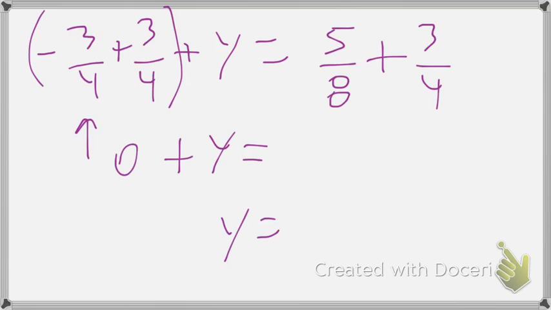A new little thing here is that to be able to add these two here, at the moment you can't. You have to have the same denominator. So here we're trying to force the same denominator, 8, on the two terms, this one and this one here.